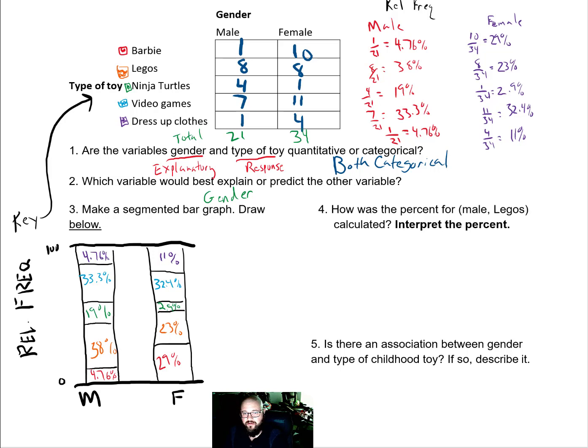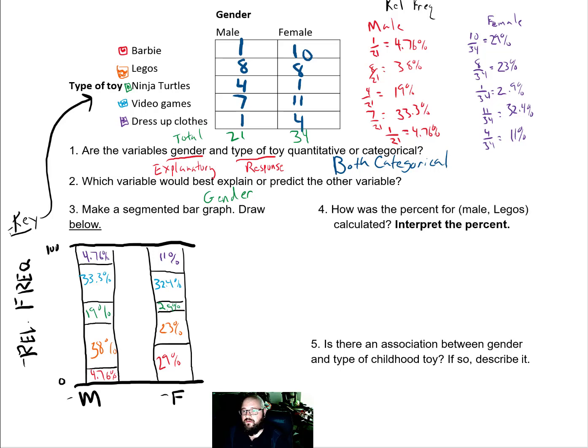You have to label not only relative frequency, and then your male and female, and as far as having a key here, so relative frequency, male, female, and your key, and then color coding or different design. Like I said, you're going to put shading in there for it, or different little lines, things like that. That's how a segmented bar graph is done.